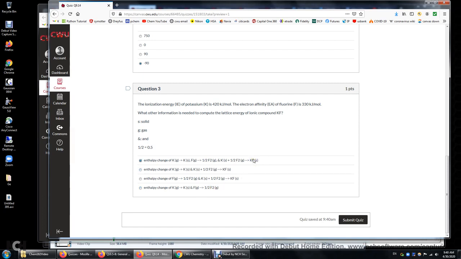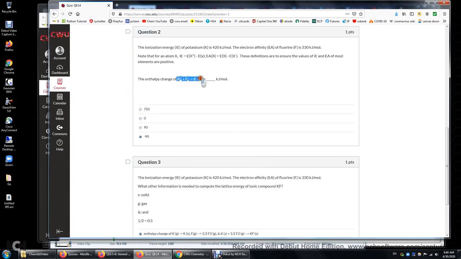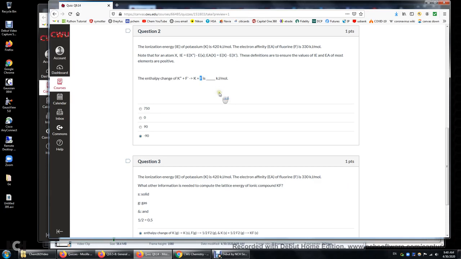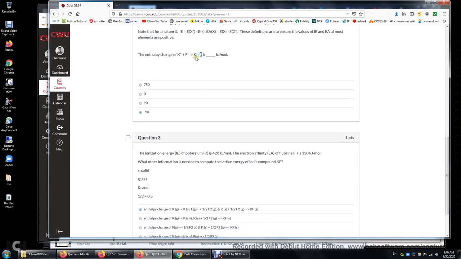And now one more thing. Over here, this equation tells us that K plus in gas phase plus F minus in gas phase can form K atom in the gas phase and fluorine atom in the gas phase. We need to somehow relate this potassium atom in the gas phase and the fluorine atom in the gas phase to the normal states of potassium and fluorine, which is solid potassium and gaseous fluorine molecules.